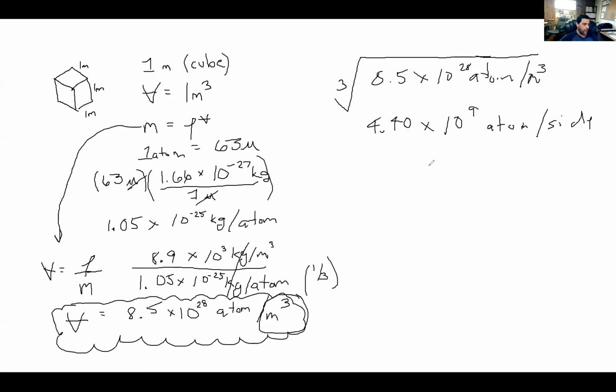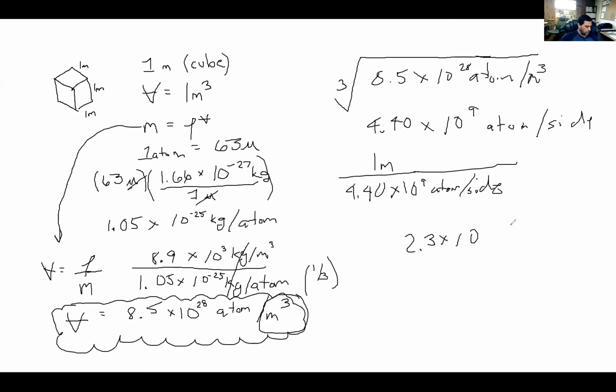So if I want to know the spacing, I have 1 meter as the length of one of the sides. If I divide that by the number of atoms per side, I'm going to get the spacing between the atoms, which 1 divided by 4.4 times 10 to the 9th is 2.3 times 10 to the minus 10th meters.